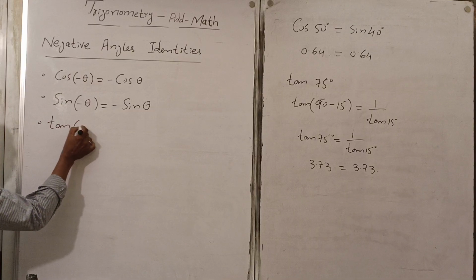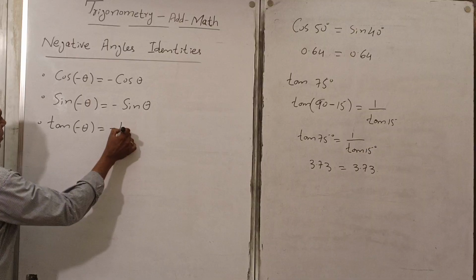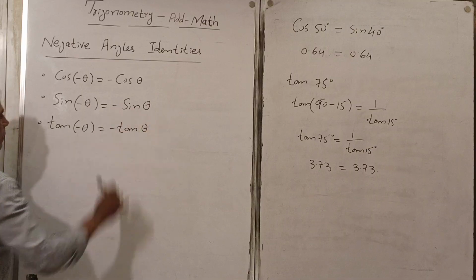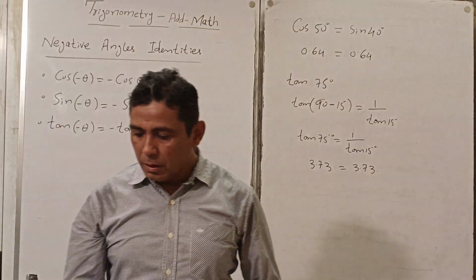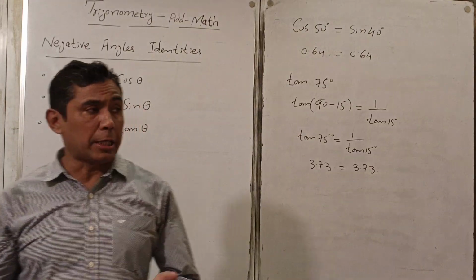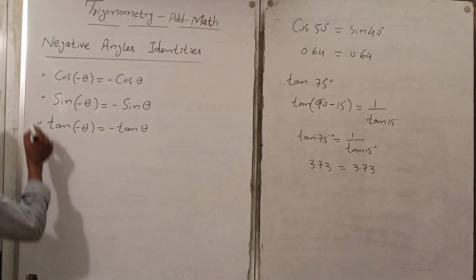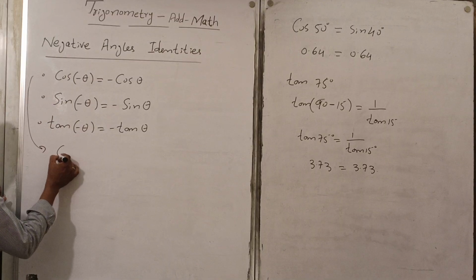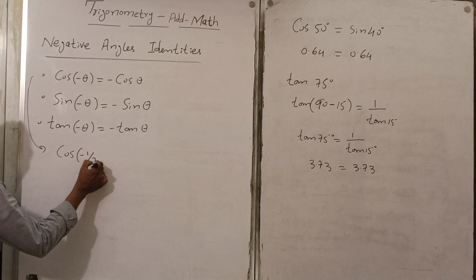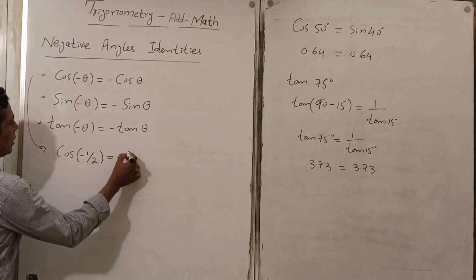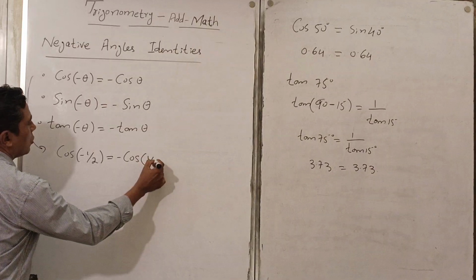Tan minus theta equals minus tan theta. Clear? So you can calculate it. Take the example here: cos minus 1 over 2 and minus cos 1 over 2.